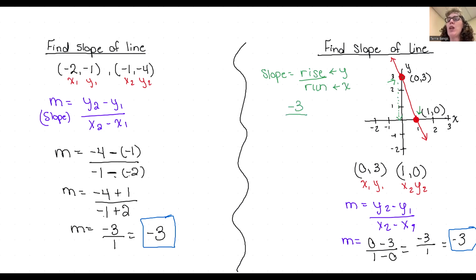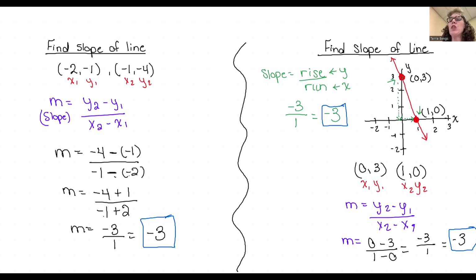And then from that point, how far do we go over to get to the point where our point's at? We go over 1. So that goes on the bottom of our fraction. If we simplify that, we get -3. That is the same thing that we got before. And they should be, either way you do it, it should be the same answer. So we do rise, that's the up and down, over run, that's the left or right.